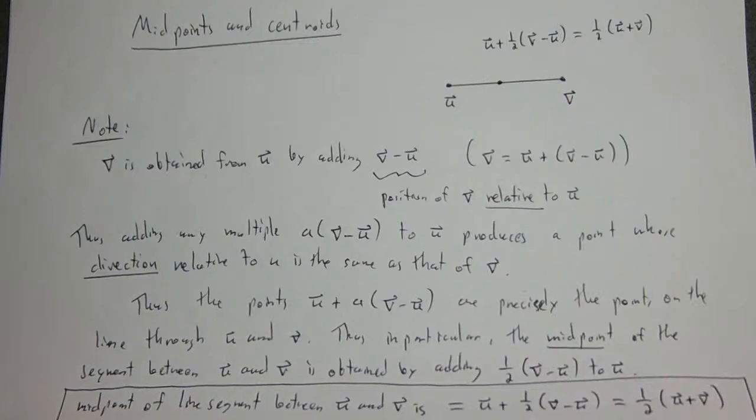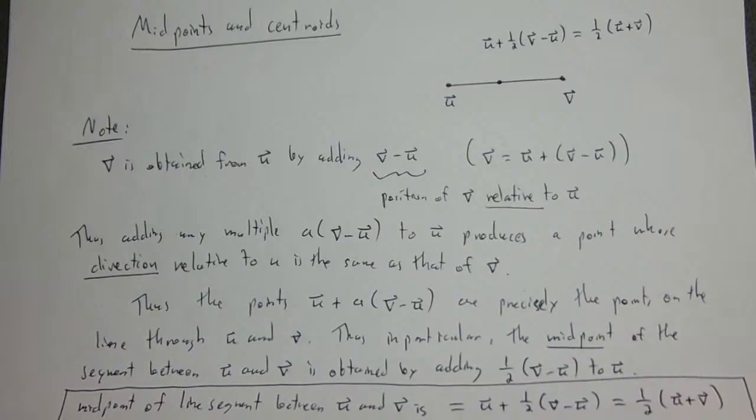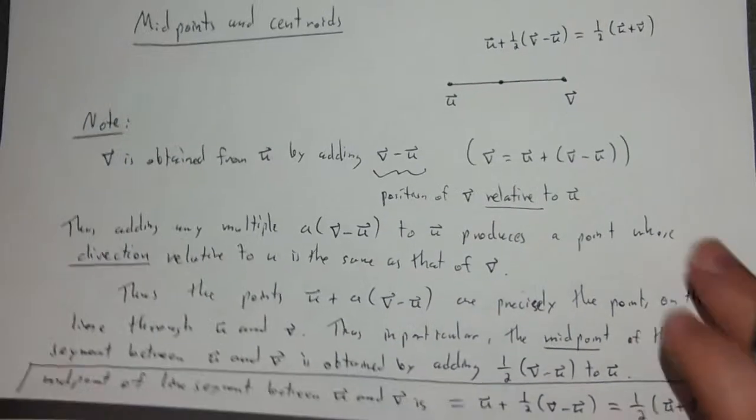So the midpoint of our line segment can be thought of as the vector average of u and v, right? So midpoint of line segment between u and v is the vector average of u and v. Okay. Now, again, that might seem completely trivial, or completely something that you wouldn't even pay much attention to in terms of maybe its importance to what we've already done.